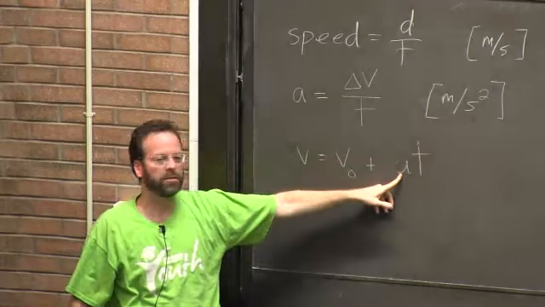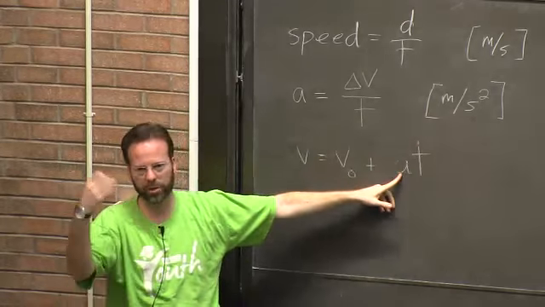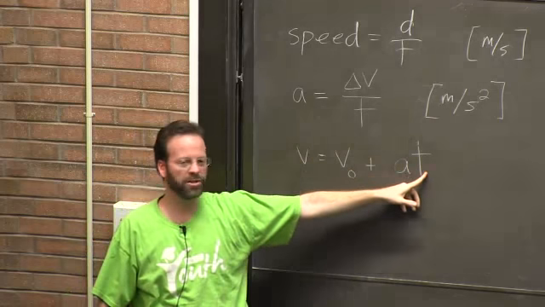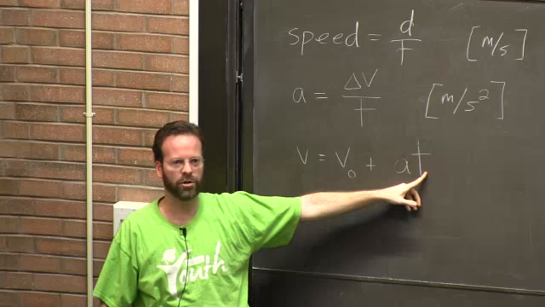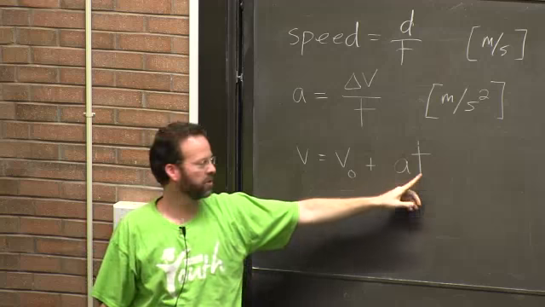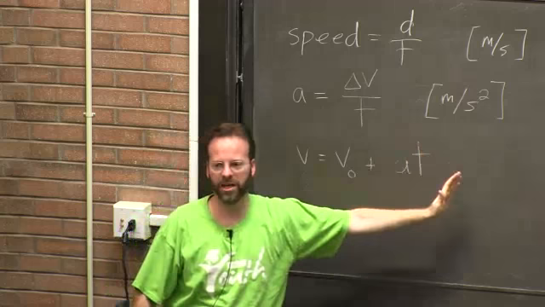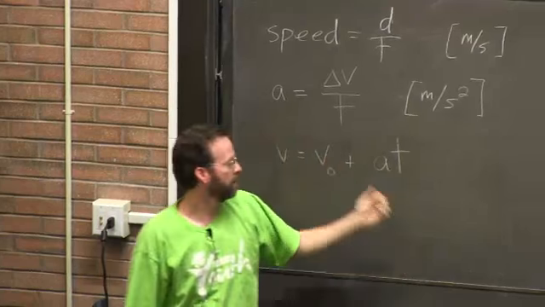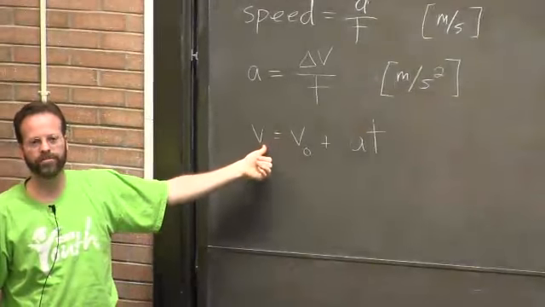If you are accelerating, let's say at 10 meters per second squared, then after 3 seconds, how fast are you going? If you started from rest. 30, because the first second you change by 10, the second another 10, and the third another 10. 10 plus 10 plus 10. So you'll end up going 30 meters per second.